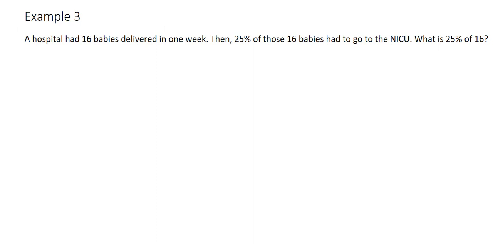Example 3. A hospital had 16 babies delivered in 1 week. Then 25% of those babies had to go to the NICU. So what is 25% of 16? So we can go ahead and solve. So notice we're given the percentage, so we don't need to solve for that this time.